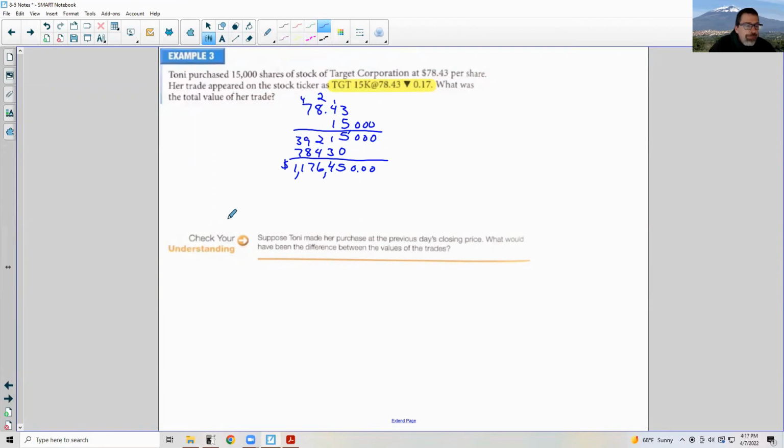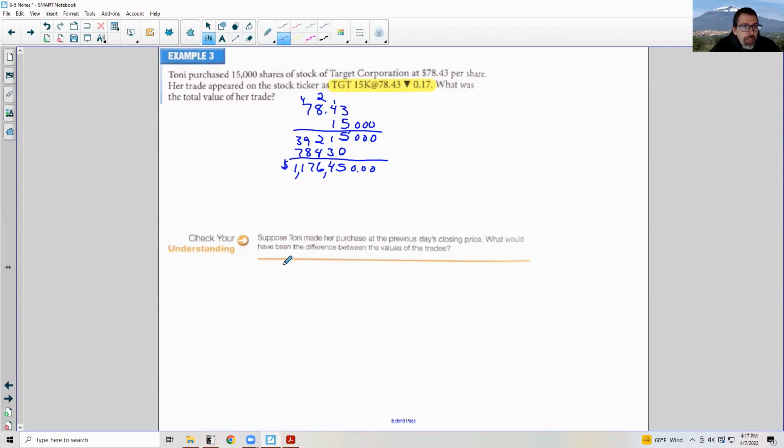Tony's rich. Okay, so check your understanding. Suppose Tony made her purchase at the previous day's closing price. What would have been the difference between the values of the trade? So this is down. Now it does matter what this says. So she bought this on the down tick of 17 cents. So if she bought it on the previous day's trade, she would have paid 17 cents more per share.